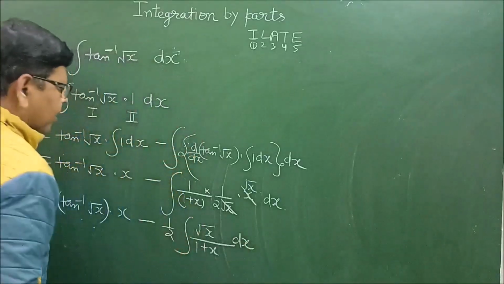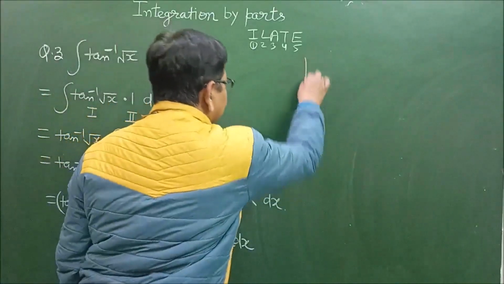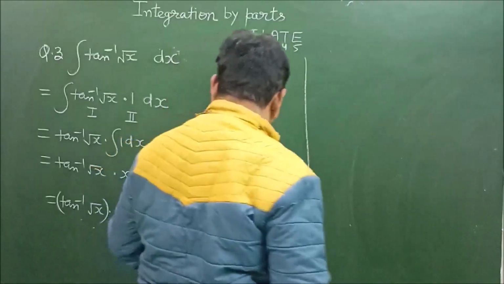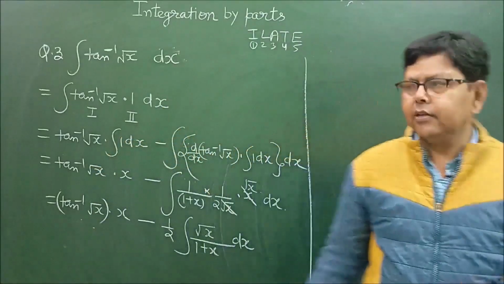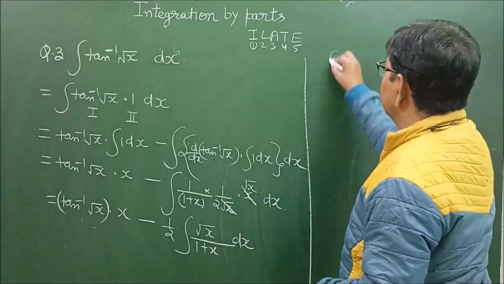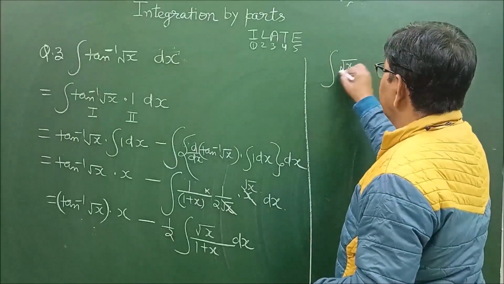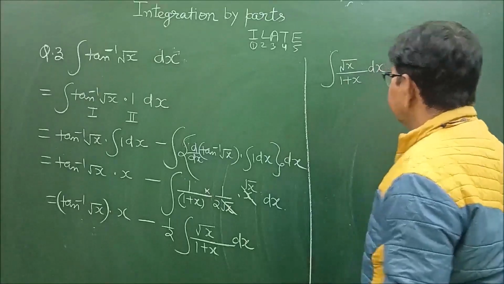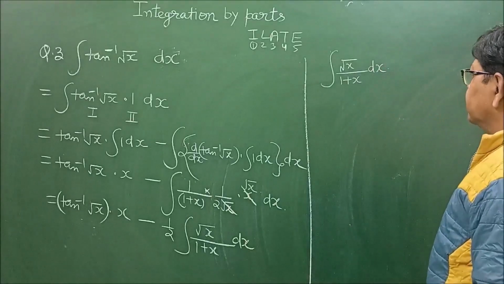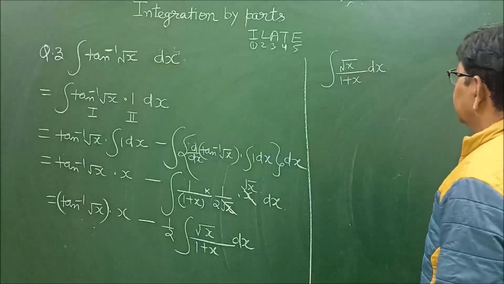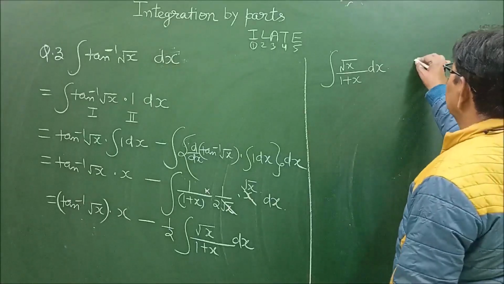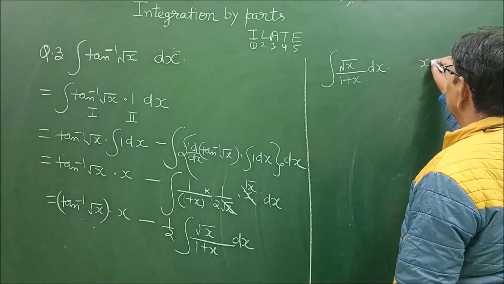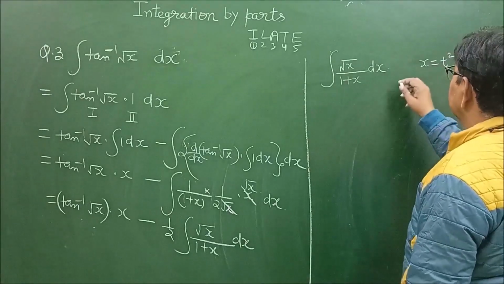Now let us solve it separately. So let us integrate root x upon 1 plus x separately, the integral of root x upon 1 plus x dx. Now let us take root x is equal to t, so x is equal to t square.